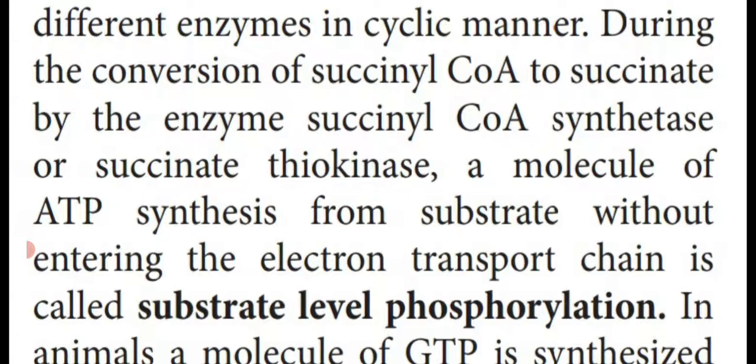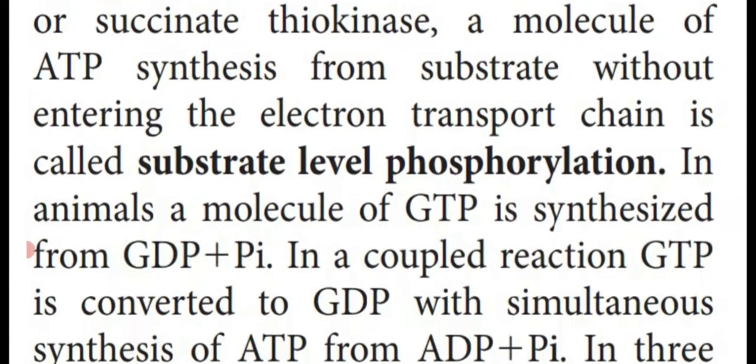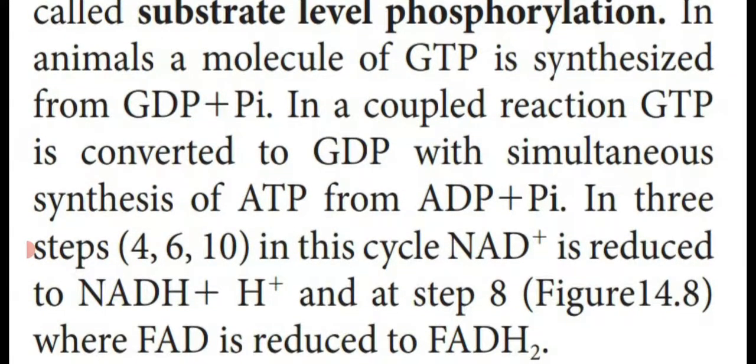That means without using electrons, adenosine diphosphate combines with inorganic phosphate to produce one molecule of ATP between succinic acid and succinyl coenzyme A. One molecule of ATP is produced without utilizing electrons. That is known as substrate level phosphorylation.